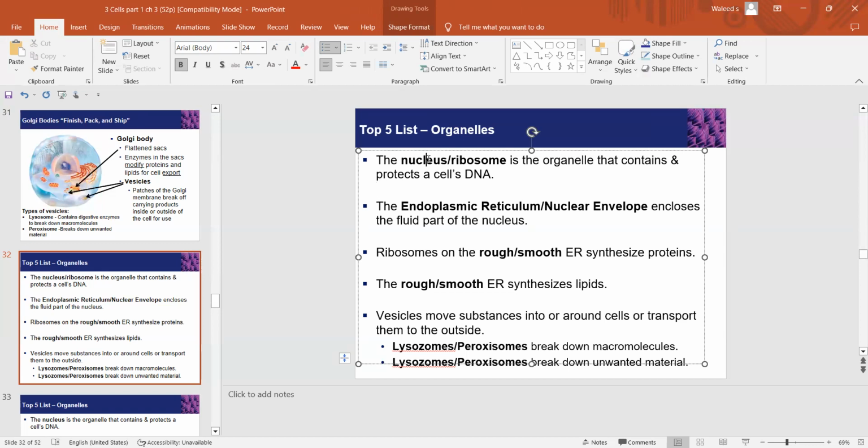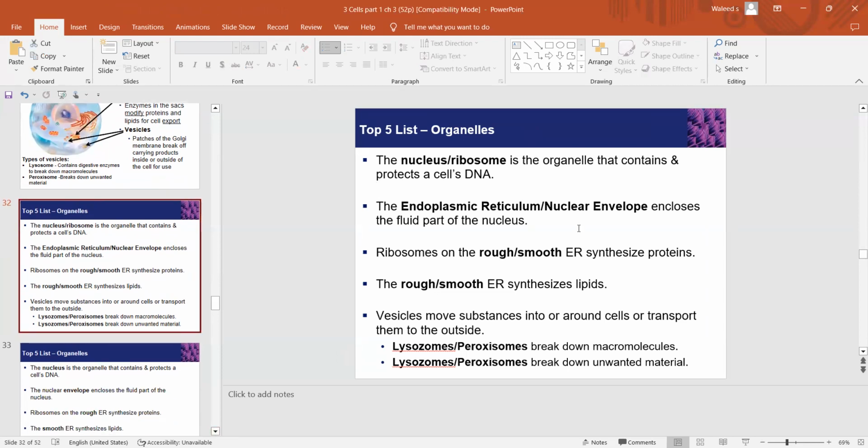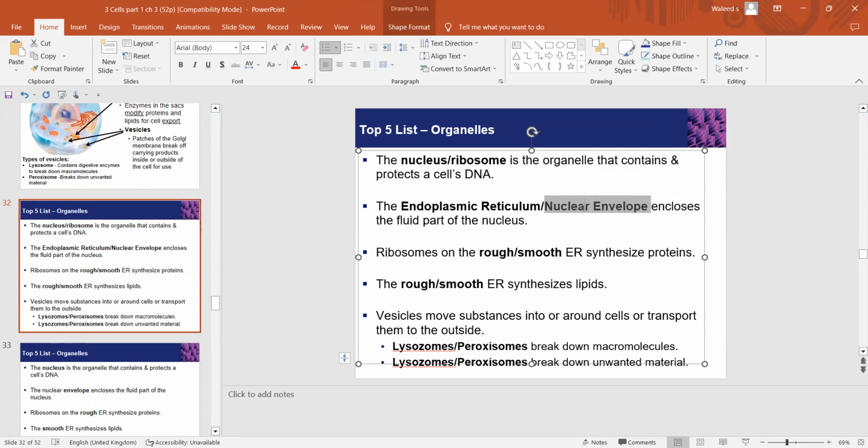Nucleus? It's the nucleus. Yes, nucleus is the one that contains the DNA. Endoplasmic reticulum or nuclear envelope is the one that surrounds the nucleus. Yes, nuclear envelope is the same as membrane.